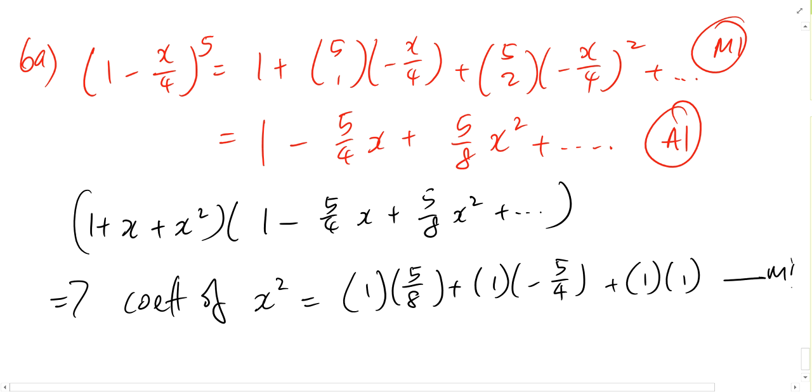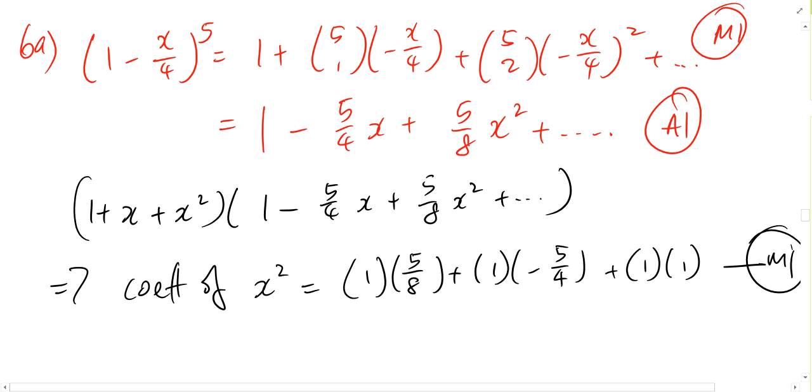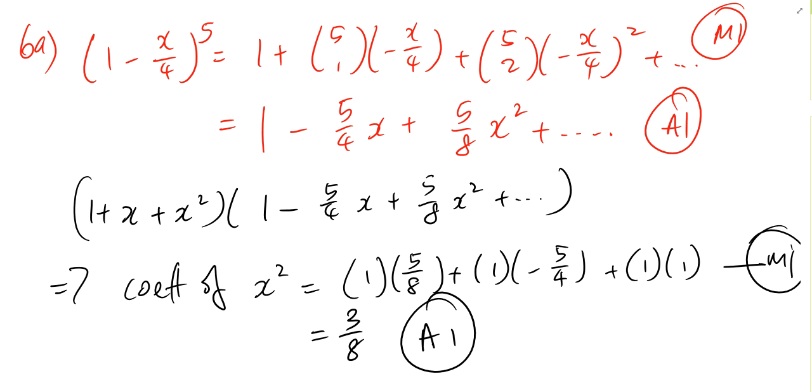This step gives you 1 method mark by showing me that you know how to extract the relevant terms and multiply them together to get our x squared term. So this is 3 over 8. Many careless mistakes made over here also. But when you show me that you know what to extract, even though your previous expansion was wrong, I still gave you 1 method mark.